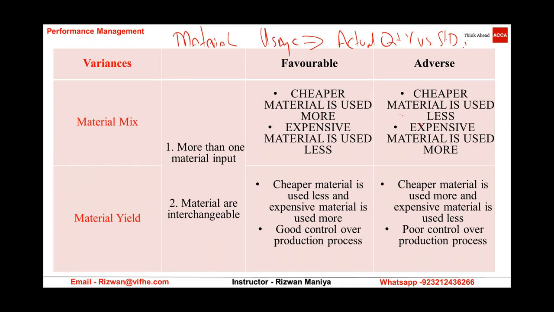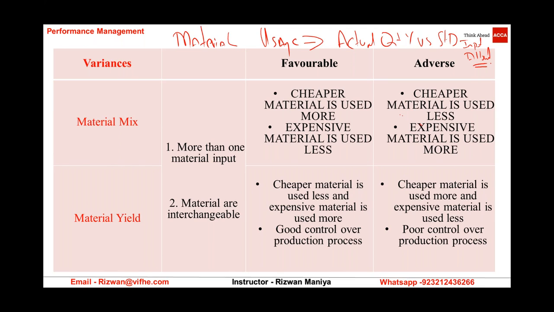This means the quantity that is actually allowed to be used. So it's a comparison between what you should have used and what you have actually used. The difference between these two is usage variance. Usage variance indicates the difference between the quantity that has been used and that should have been used.